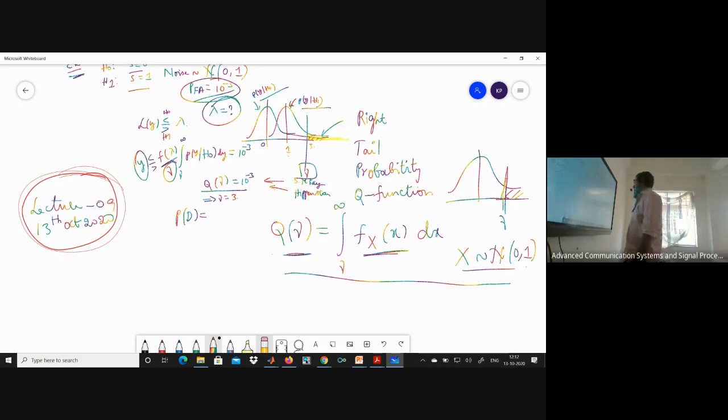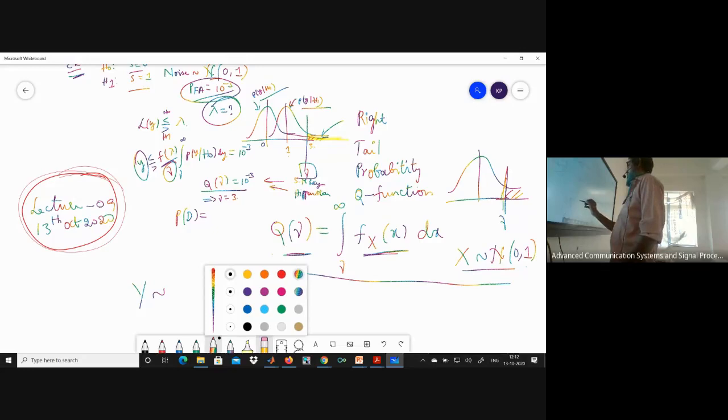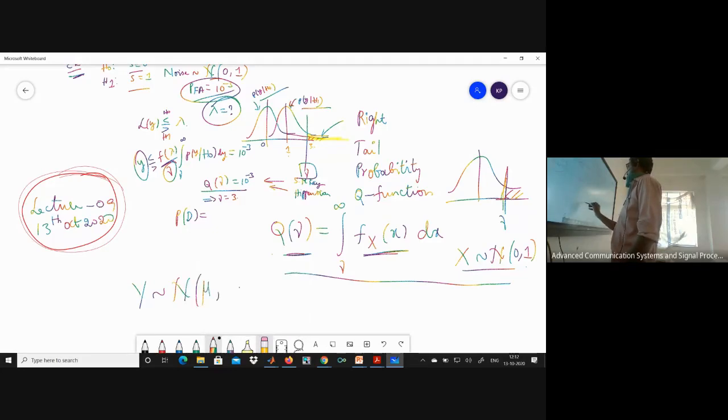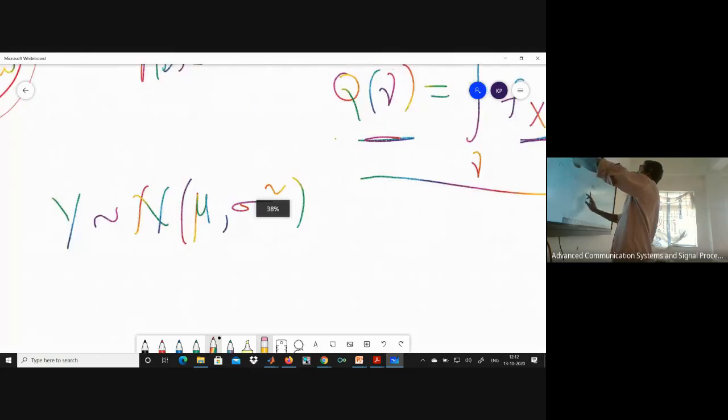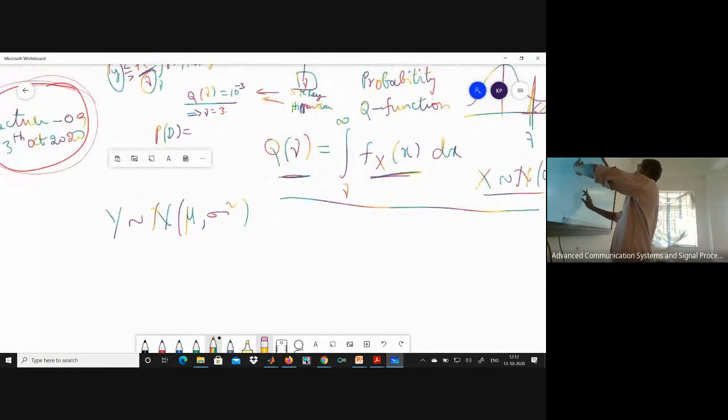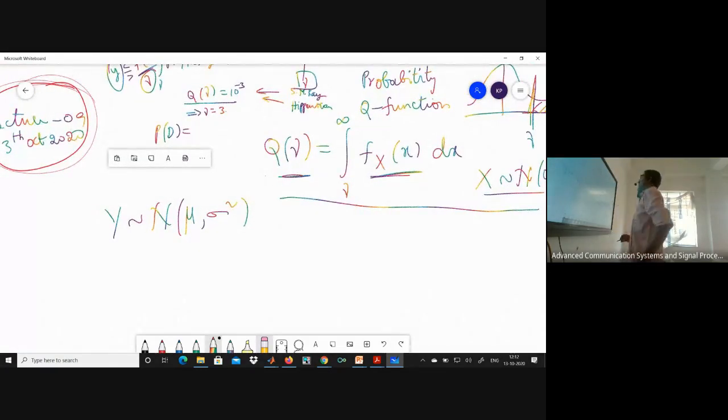Okay, so suppose I have a random variable y which follows a normal distribution with mean mu and variance sigma square. If I have this random variable, then you can prove very easily the right tail probability for this random variable.